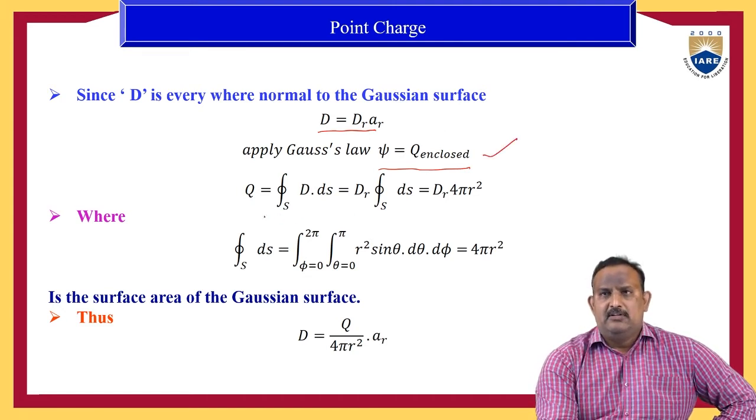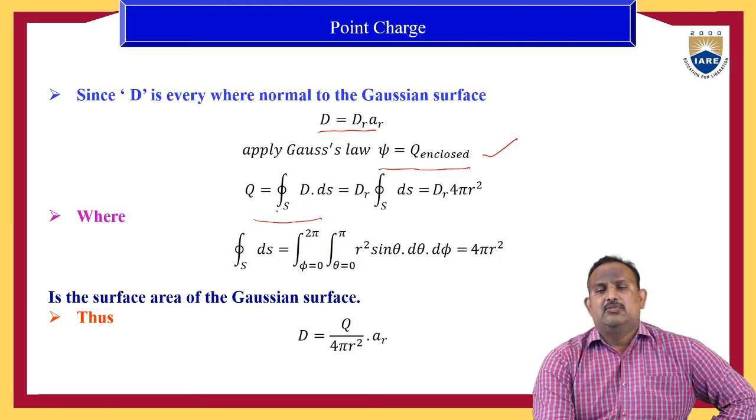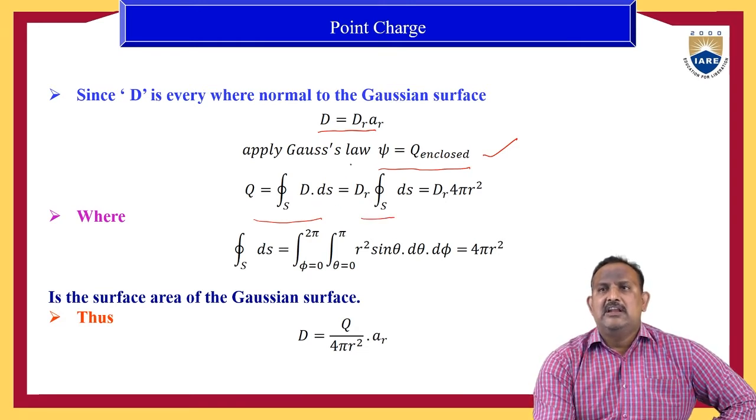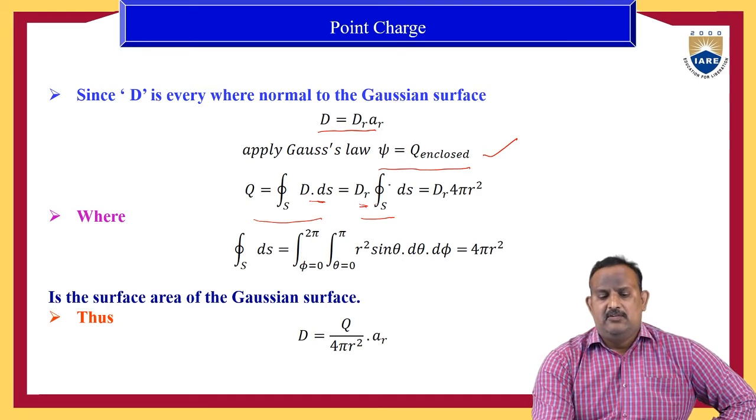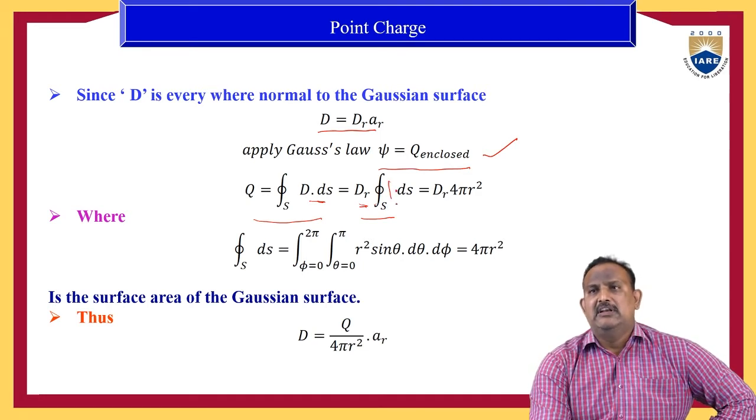So the total charge Q is equal to the surface integral D dot ds, where D is Dr into AR. Substituting, it becomes Dr into the surface integral of 1 into ds.